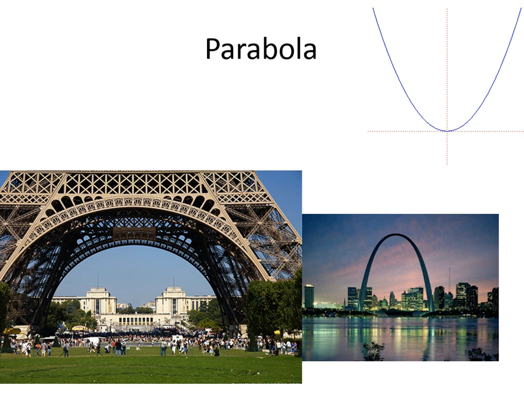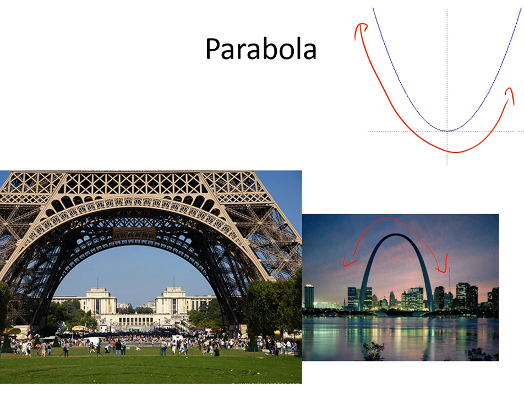The first one is a parabola. A parabola just looks kind of like this. Pretty simple. The archway, the Gateway Arch in St. Louis. You see this a lot in bridges and, as you see here, the Eiffel Tower. Curves are usually in a parabola shape, or a parabolic shape.